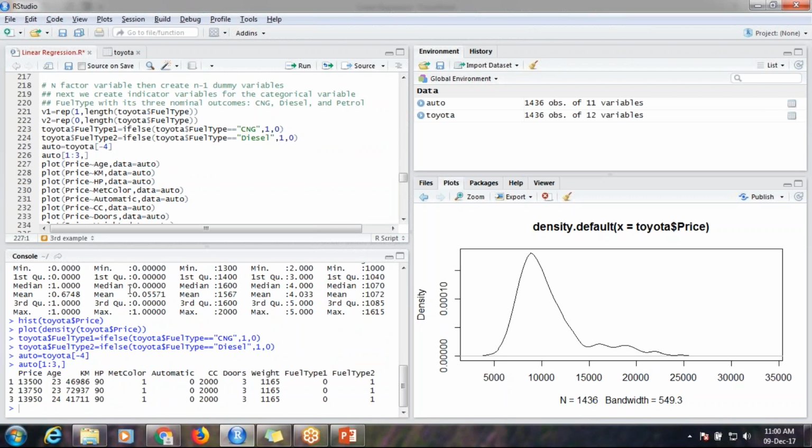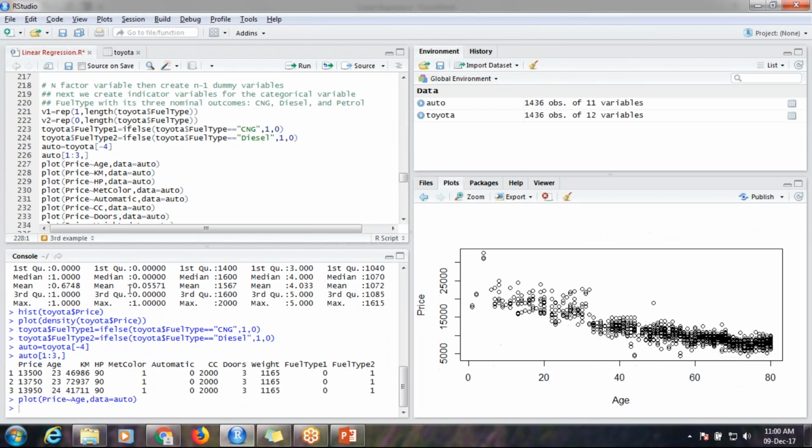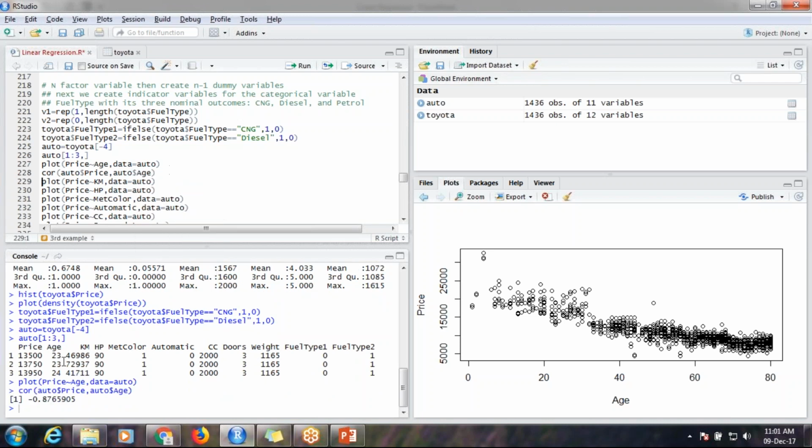Now let us check the plot of price and age. You see there is a downward, or negative, relation between them. It is moving down. Similarly, if I make a correlation between auto price and auto age, the correlation is quite high.